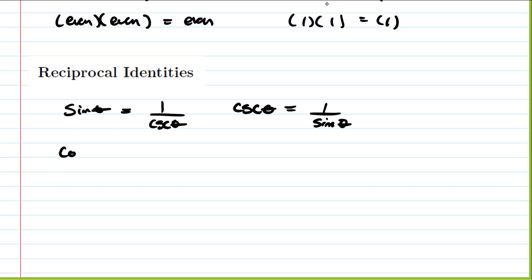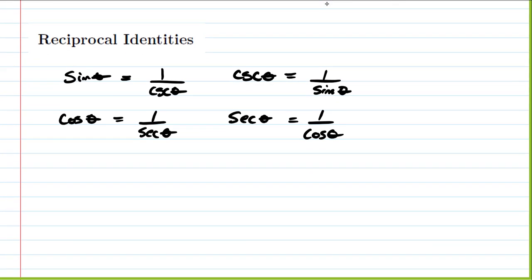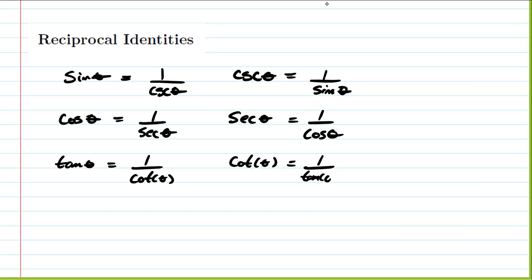We have a similar relationship for cosine and secant. So they are reciprocals of each other. And then tangent has the same relationship with cotangent. So these are our reciprocal identities.